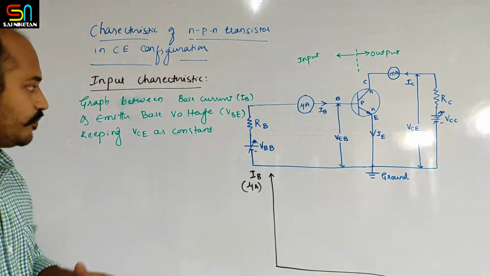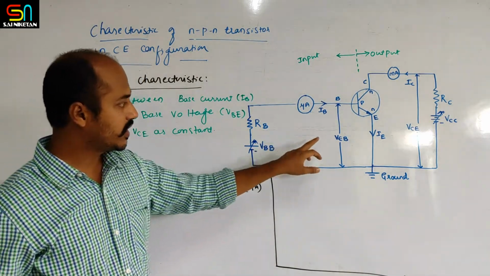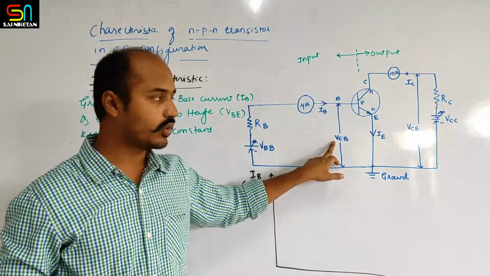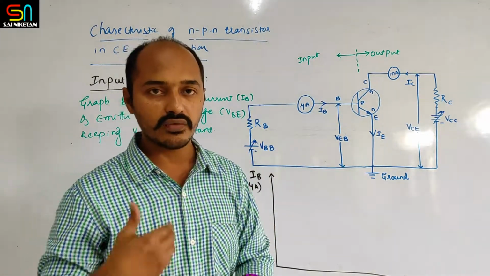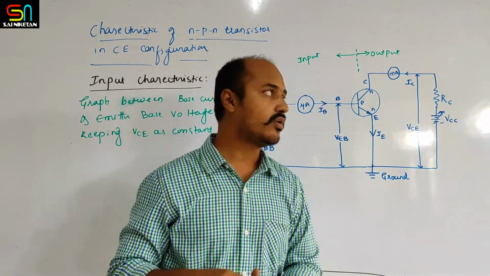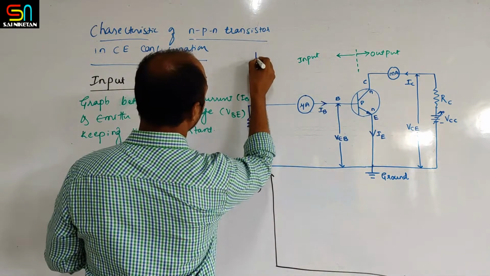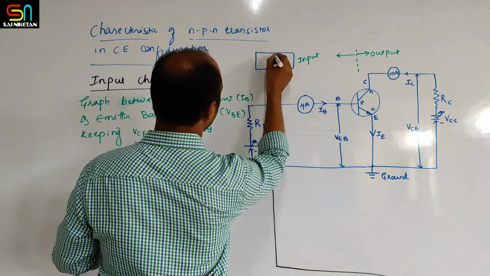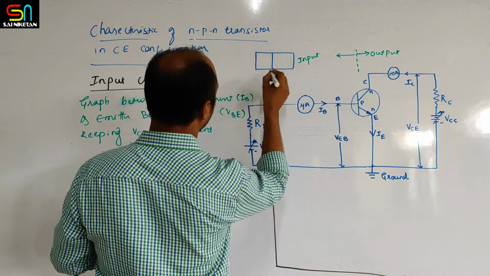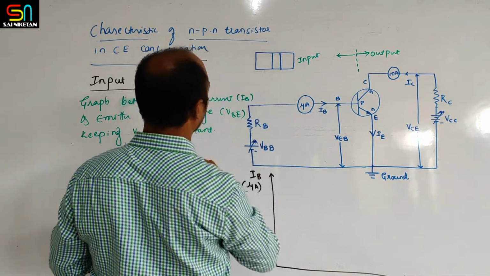Now if we go on increasing the input voltage, suddenly the current will not increase. I am just drawing a small diagram of the emitter, base and collector.